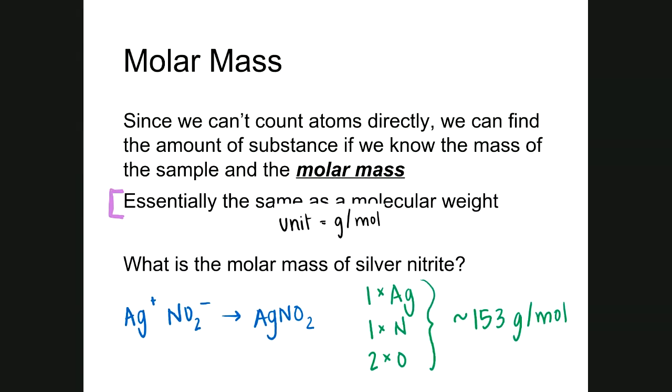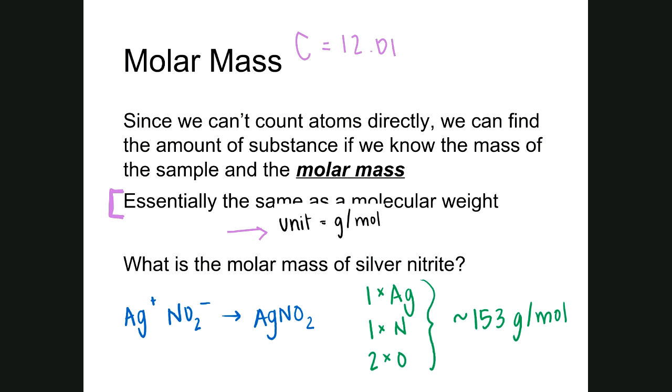The only difference is the unit. So our unit here is grams per mole. But again, we're just looking at the periodic table. And so for any given element, we can go to the periodic table. Let's say we're looking at carbon, for example. And we see carbon has a mass on the periodic table of 12.01.